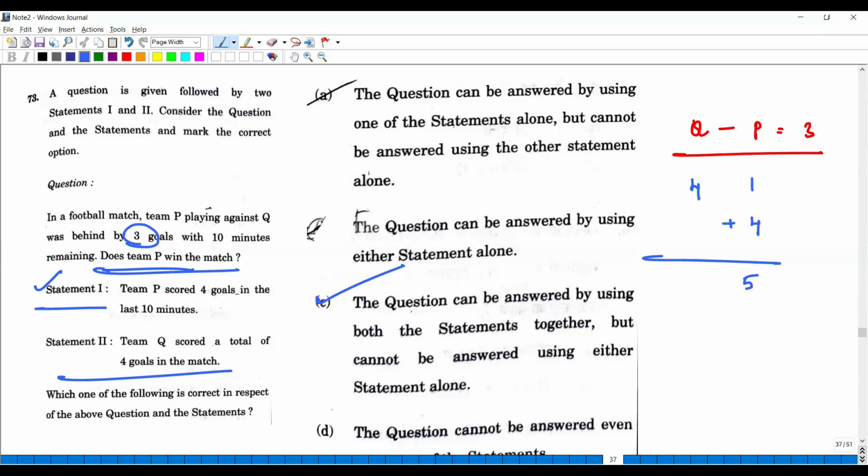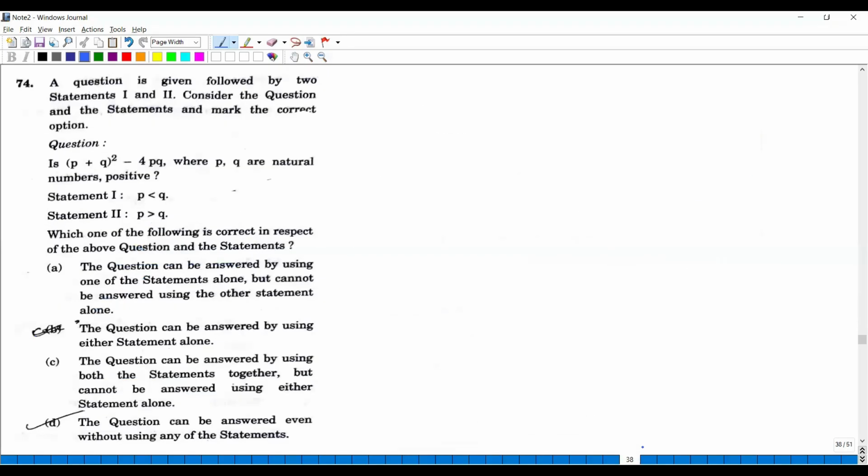Okay. So when you're looking at statement 1, don't look at the data in statement 2. When you're looking at statement 2, don't look at the data in statement 1. Next question: he's giving you (P plus Q) whole square minus 4PQ, where P and Q are natural numbers. Is it positive, he's asking. We know that P square plus Q square plus 2PQ minus 4PQ.